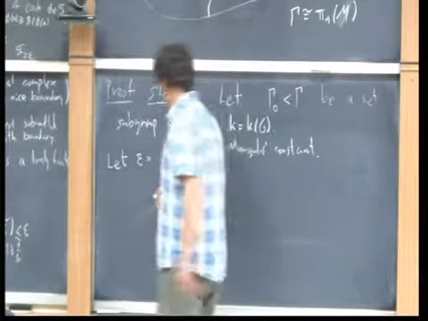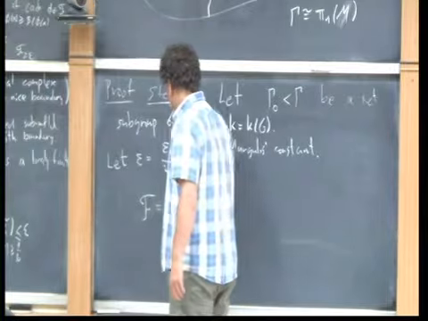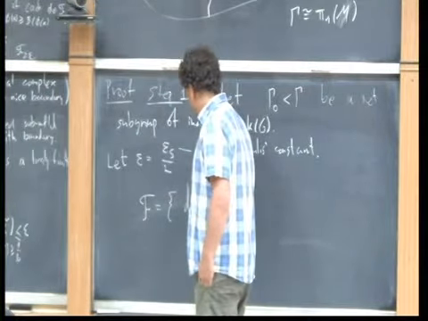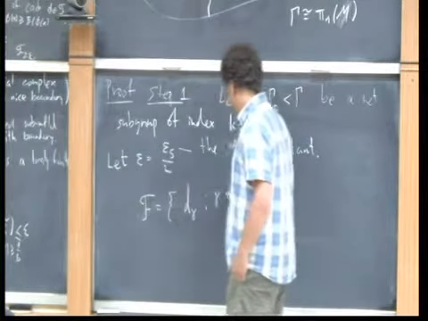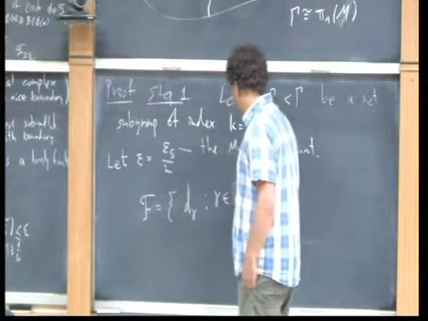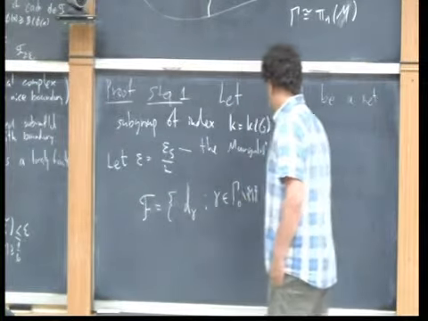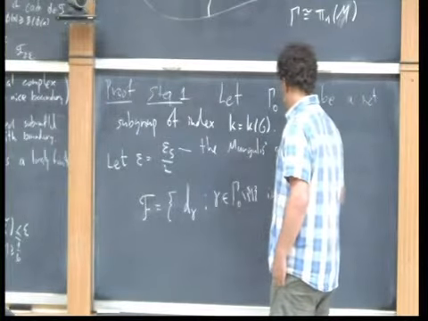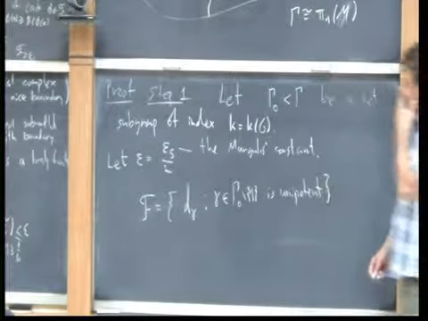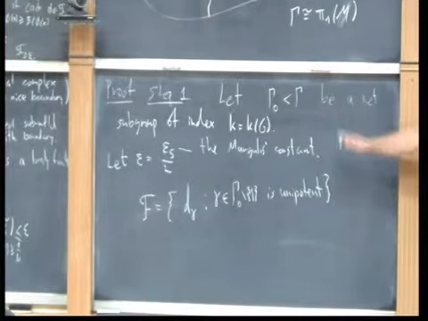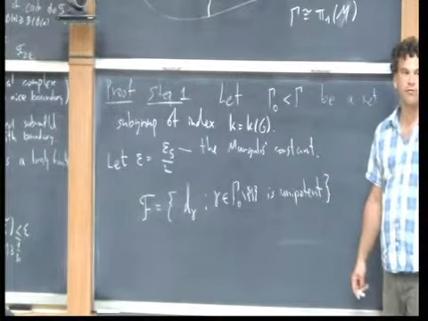So let F be the family of functions of the form d gamma, where gamma belongs to gamma naught minus identity, is unipotent. So this is the family of functions that I'm using.